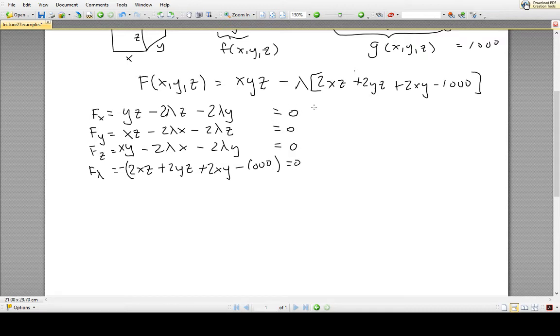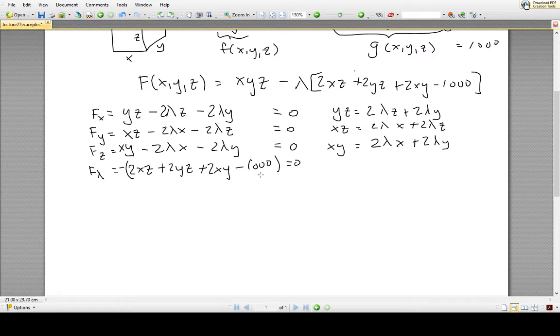The first equation is that yz is equal to 2 lambda z plus 2 lambda y. The second equation is that xz is equal to 2 lambda x plus 2 lambda z. The third equation is xy is equal to 2 lambda x plus 2 lambda y.